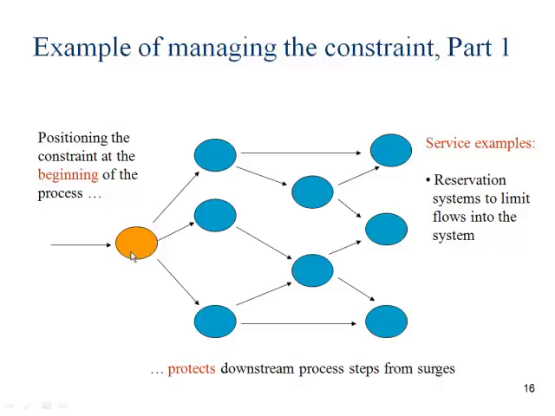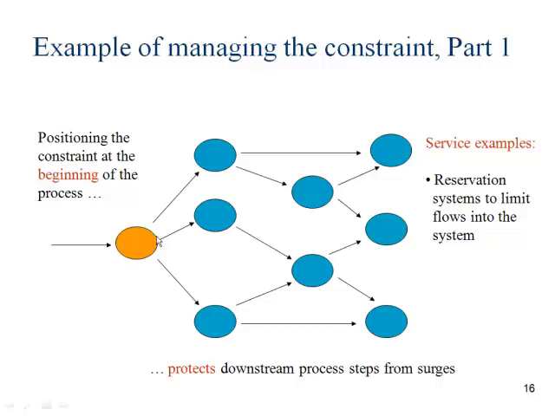For right now, for this back half of the lecture, I'm going to assume resource pools and activities are one and the same, just to keep it simple. But suppose we position the constraint at the beginning of the process. So this particular step here has less capacity than any other downstream process.